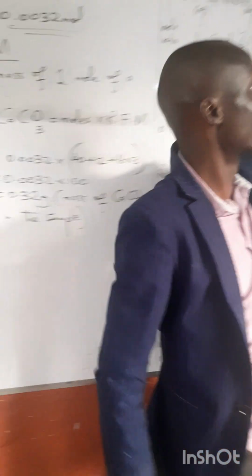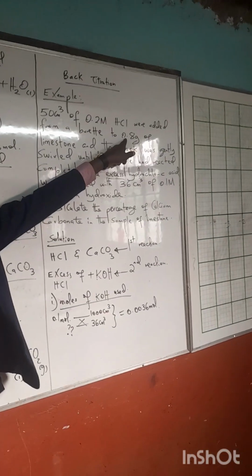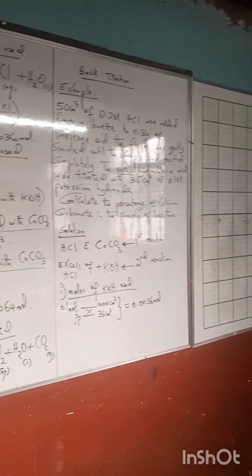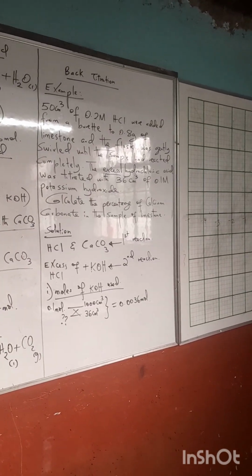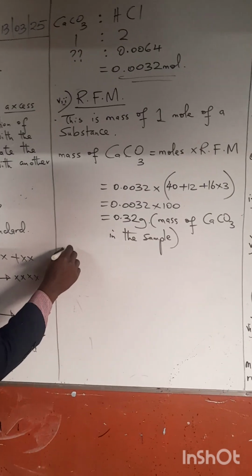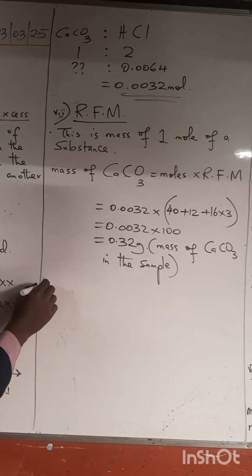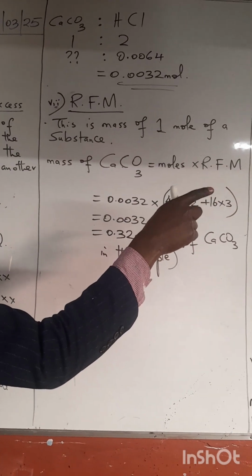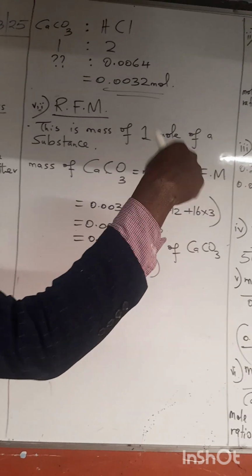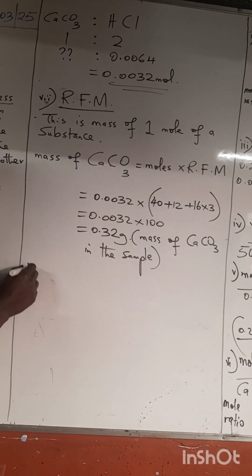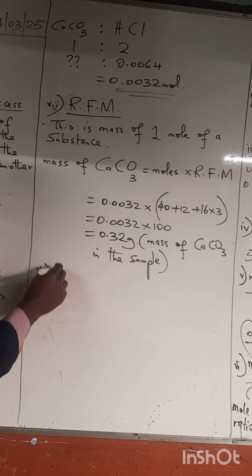And what is the sample? 0.8 grams. Meaning the remaining are what? Impurities. Good. So let us write the percentage purity. There, the question was asking, calculate the percentage of calcium carbonate in the sample.